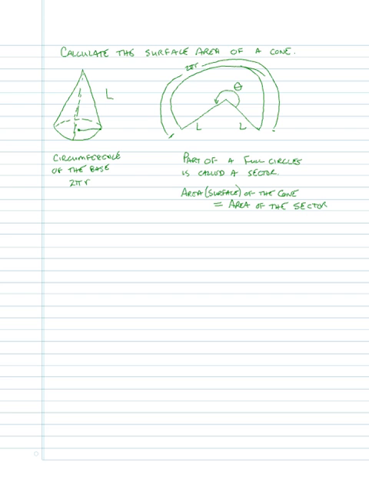Now, in radian measure, the area of this sector, and that's what we're looking for, is only a fraction of the area of the entire circle.